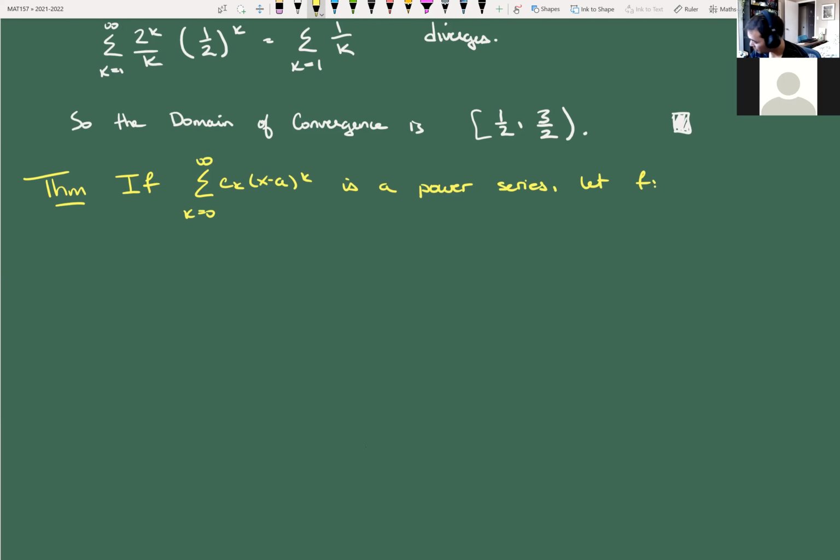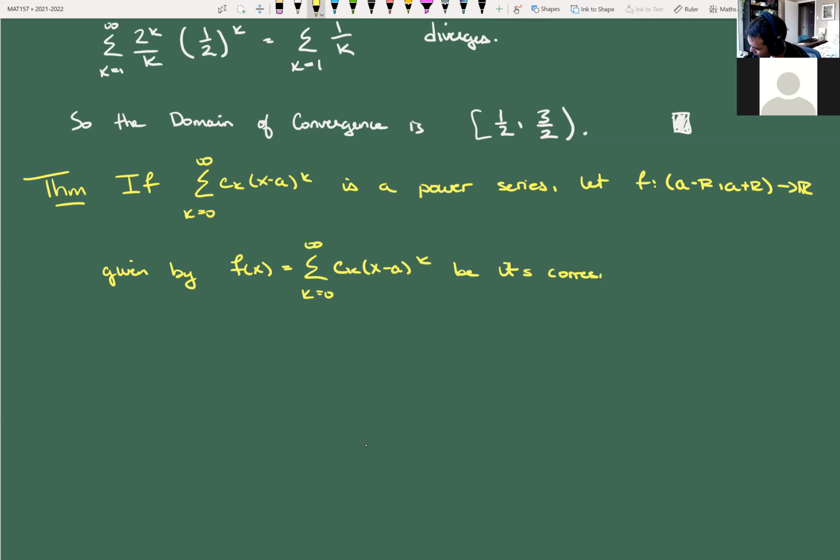let f mapping (a minus R, a plus R) to the reals, given by f(x) equals the sum from 0 to infinity of c_k (x minus a)^k, be its corresponding function, where R is its radius of convergence.